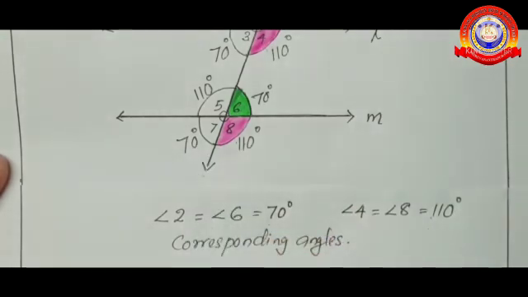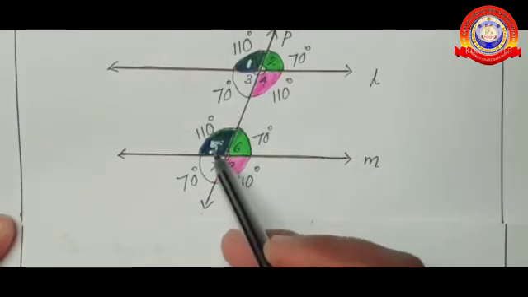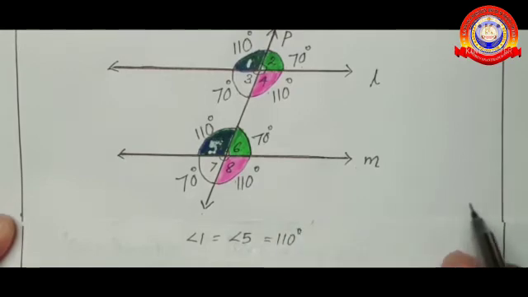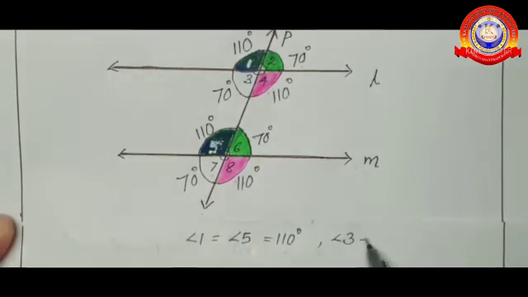These are known as corresponding angles. Similarly, on the left side of the transversal, angle 1 and angle 5 are corresponding angles and are equal. Angle 3 and angle 7 are also corresponding angles and are equal.